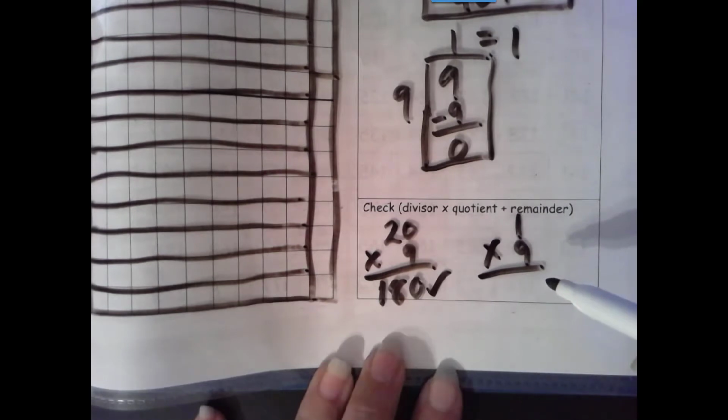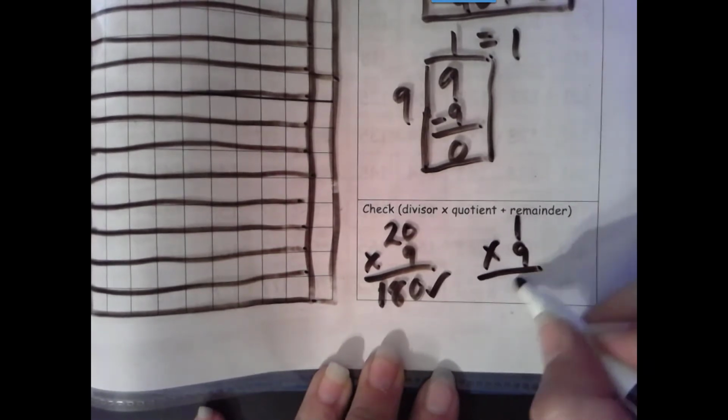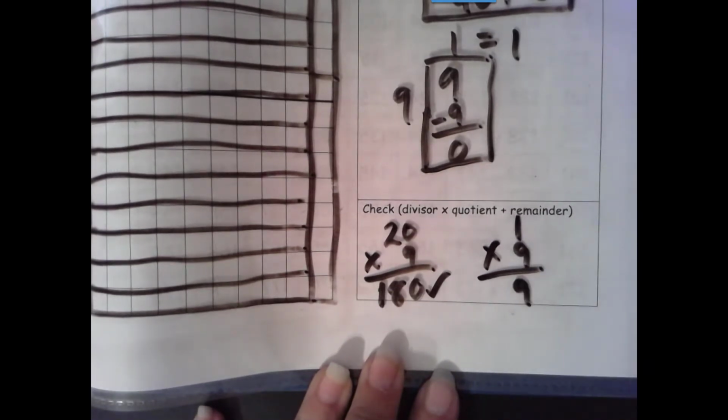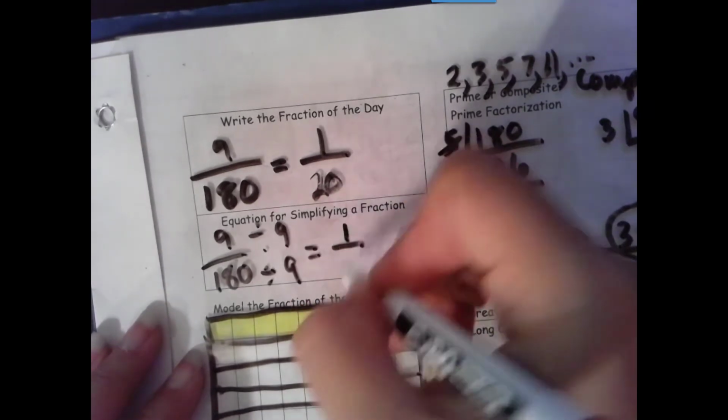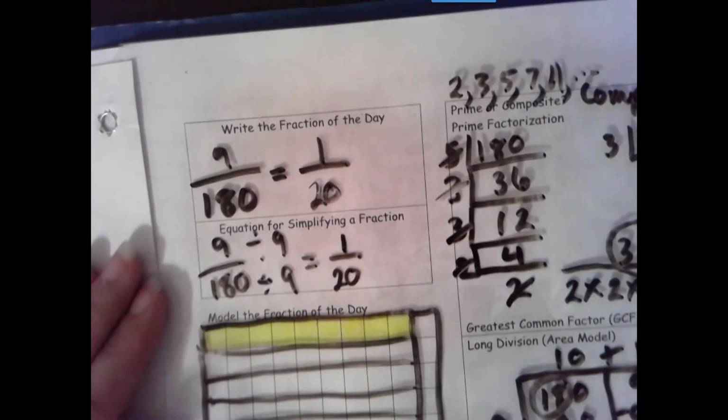That matches our dividend. So that checks. And this right here is the identity property of multiplication. When you multiply by 1, it stays the same. That matches our dividend, so we check. Our numerator is definitely 1, and our denominator is definitely 20.